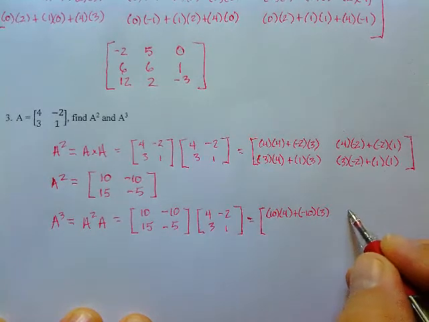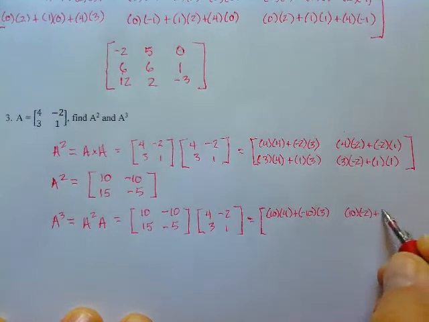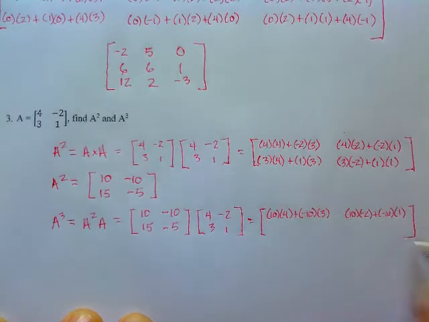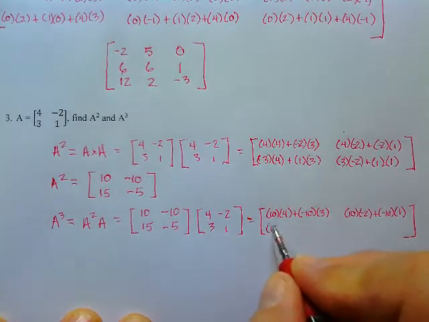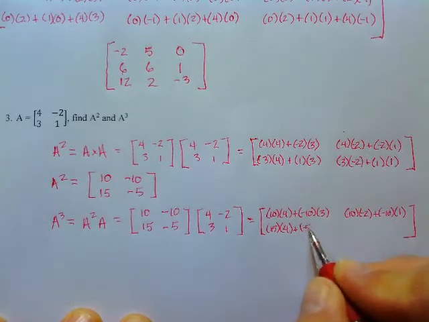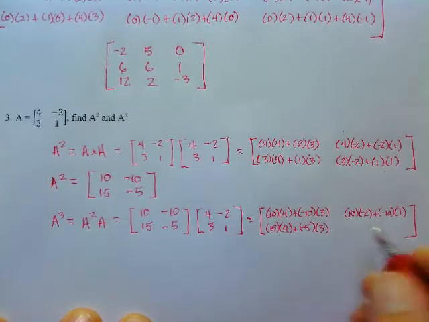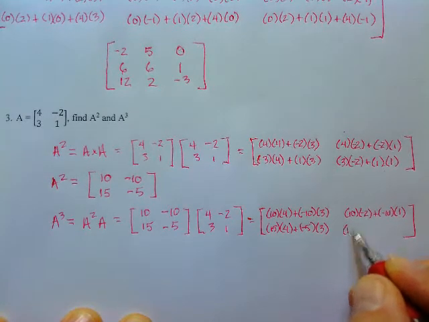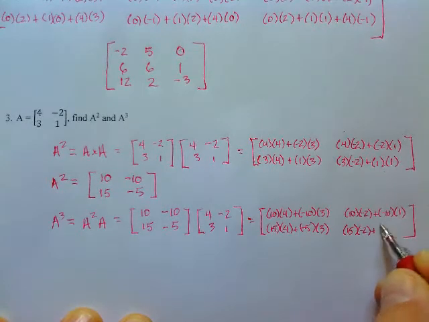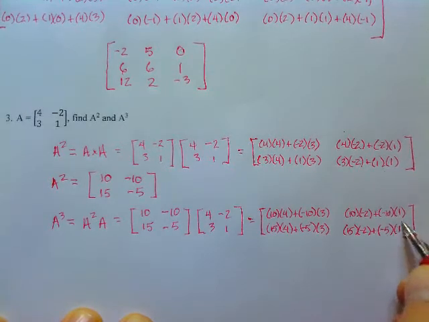Over here we'll have 10 times negative 2 plus negative 10 times 1. 15 times 4 plus negative 5 times 3, and then here 15 times negative 2 plus negative 5 times 1.